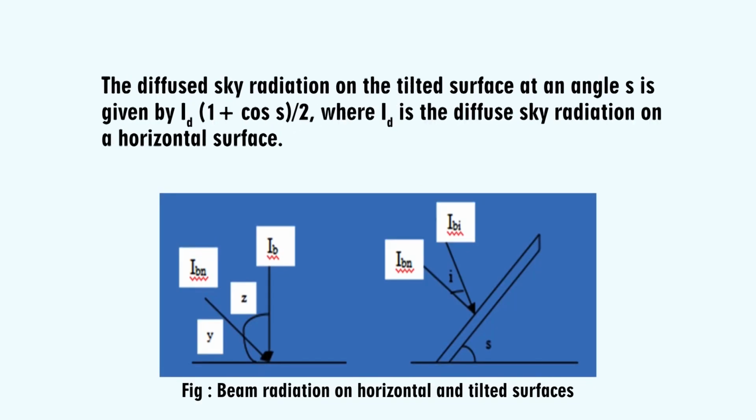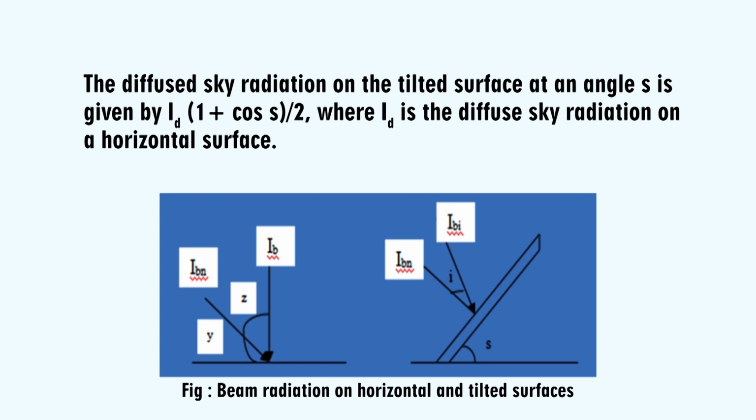Our tilted surface receives diffuse radiation as well as radiation reflected from the ground and surroundings, in addition to the beam radiation. The diffuse sky radiation on a tilted surface at an angle s is given by ID multiplied by 1 plus cos s divided by 2, where ID is the diffuse sky radiation on the horizontal surface.